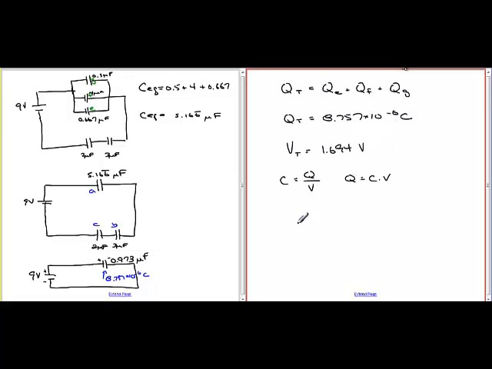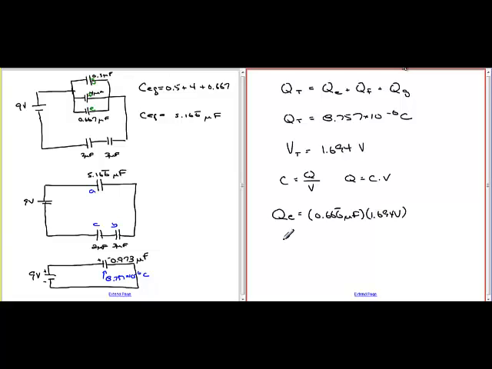So what we can say is that the charge on element E, which is this one, is just equal to its capacitance, 0.666 microfarads times the voltage, which is not 9 volts, but 1.694 volts.